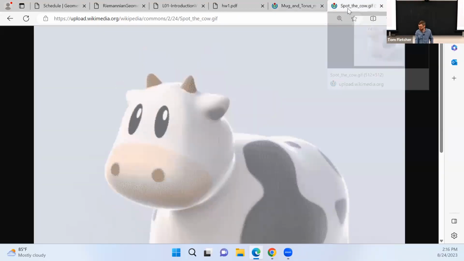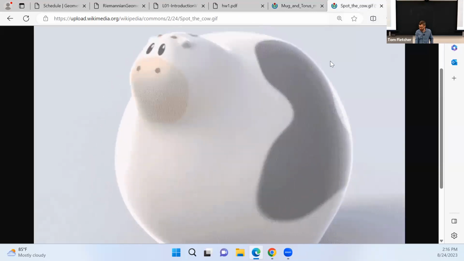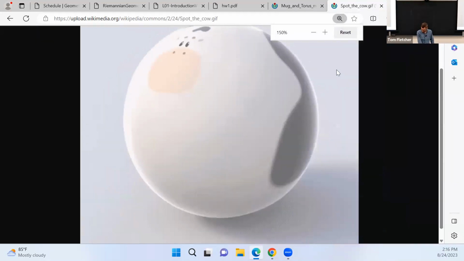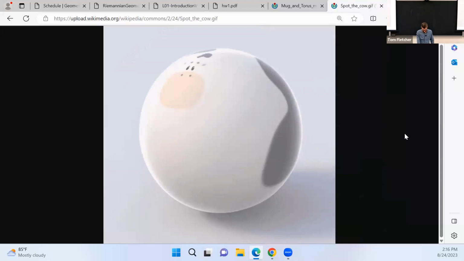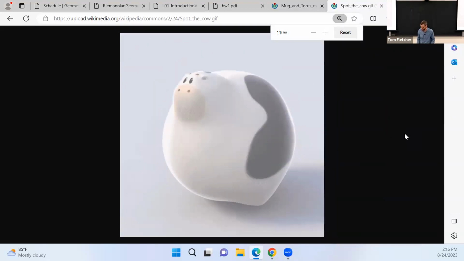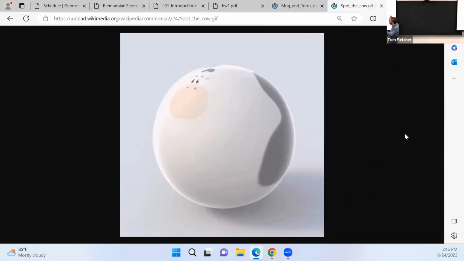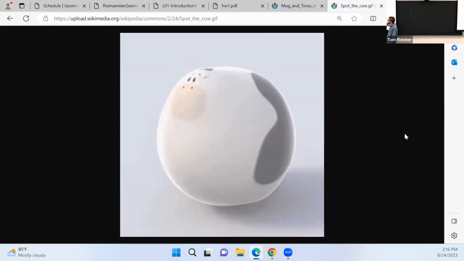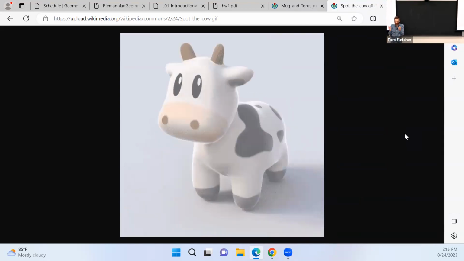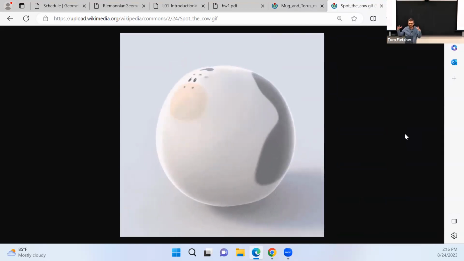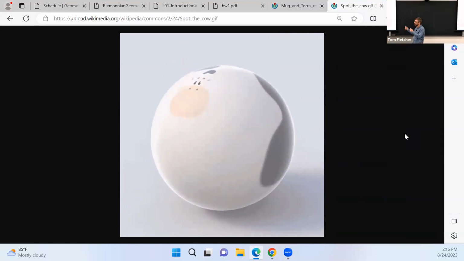Another animation that used to be on Wikipedia, which I think is funny, is this cow deforming into a sphere. Even though this cow toy has very interesting geometry, horns and ears and eyes and legs, topologically it's just a sphere. You just blew it up like a balloon. Nothing's being torn or pulled apart or added to the picture here.